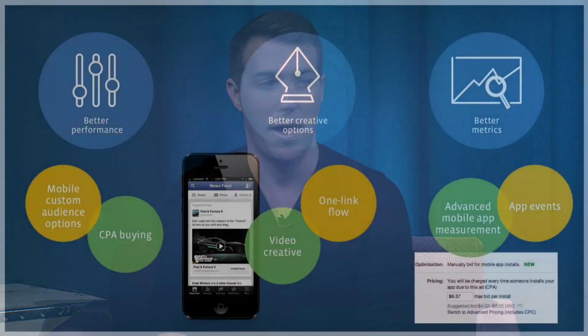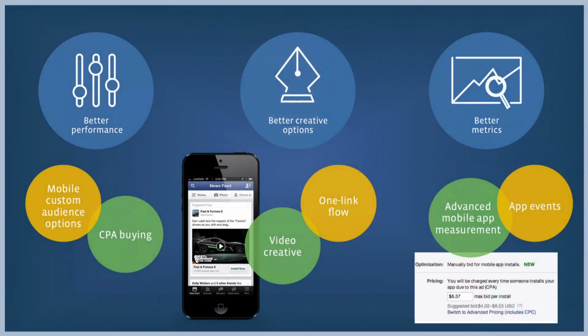The last thing we have is better ways to understand your metrics and measurement. One of these we talked about is app events. App events is a way to measure the in-app actions taken through our SDK. You can use these for ads attribution, for your overall sense of your app health and what people are doing in your app, and what demographics people are who are coming to your app.